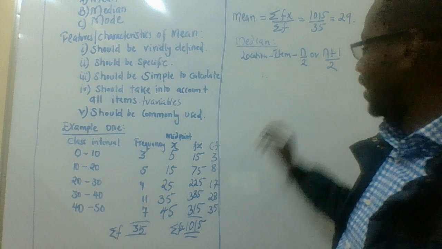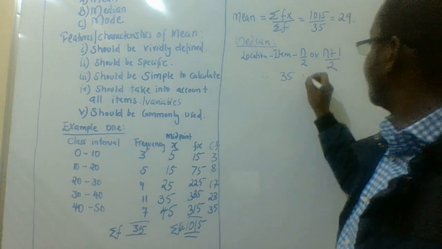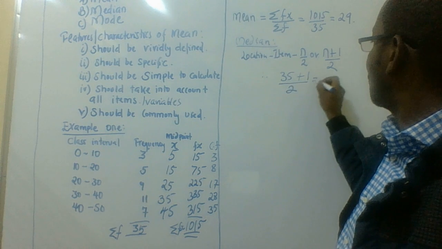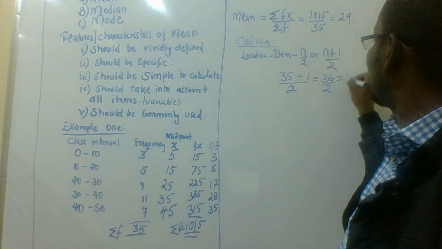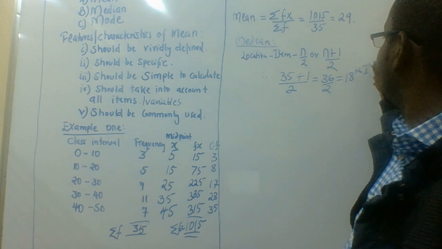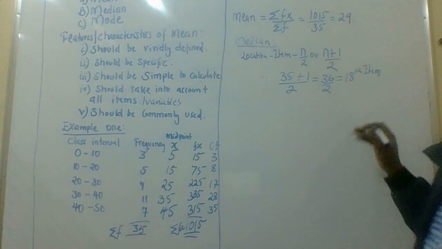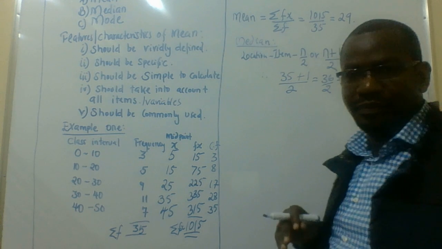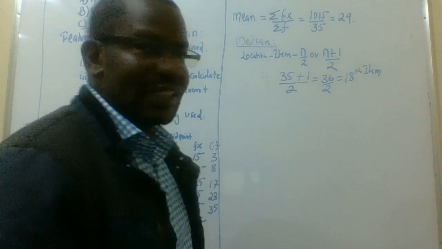Therefore, we shall have 35 plus 1 divided by 2, which is 36 divided by 2, which is 18th item.